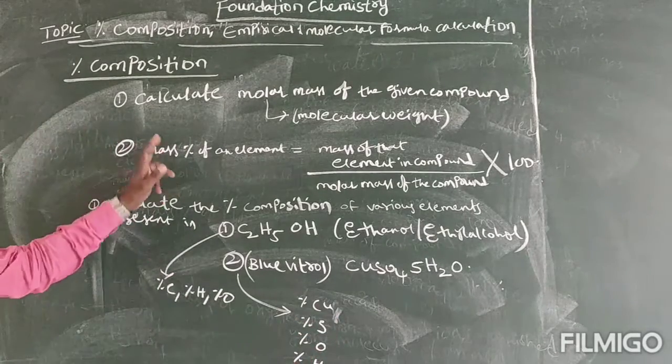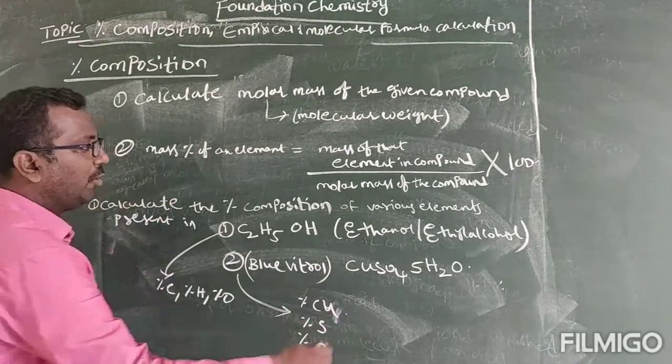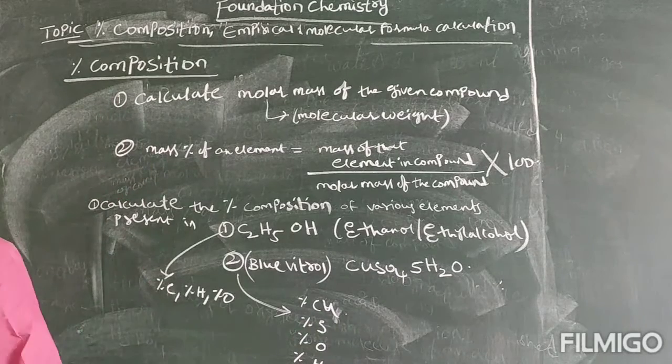These all you have to calculate. Note down and start doing the calculation. So blue vitriol is nothing but copper sulfate pentahydrate, CuSO4·5H2O.